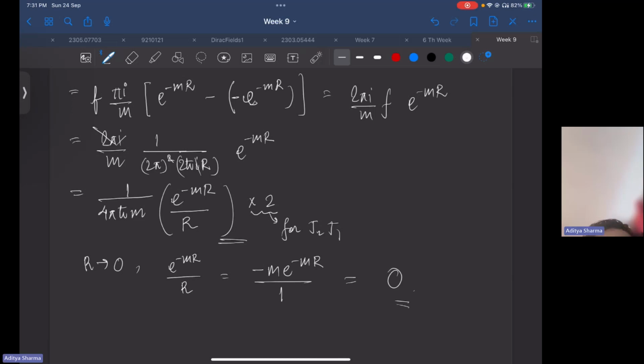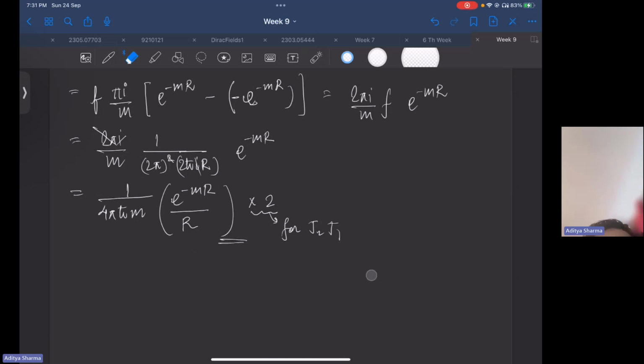You're going to get 1. Well, this analysis is not correct in the case of r tends to 0, it seems. So you'll have to do the integral and find out.